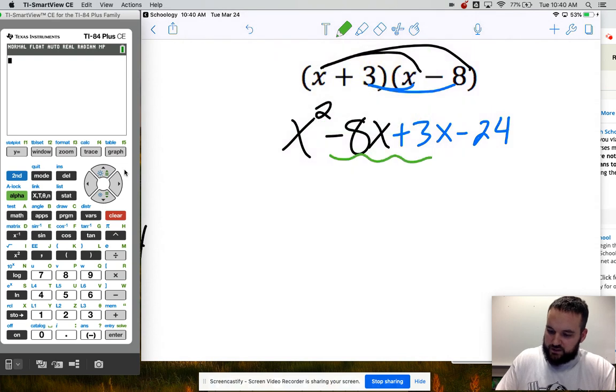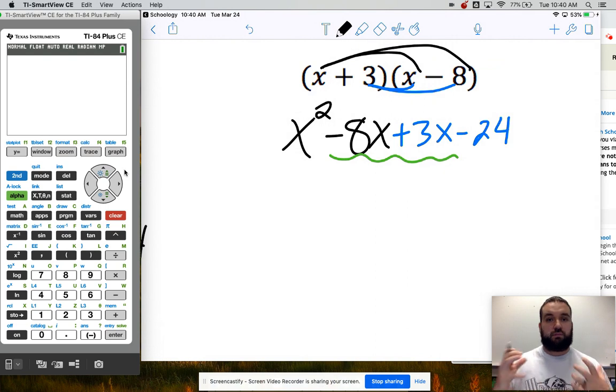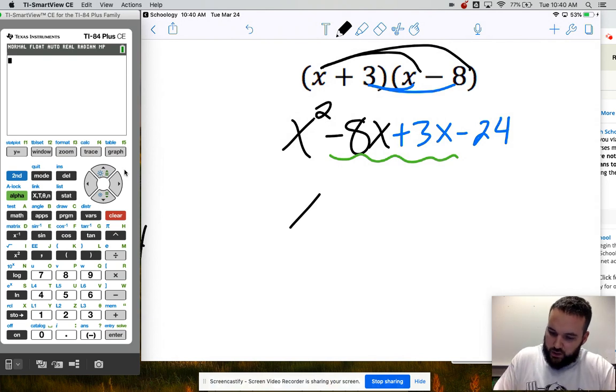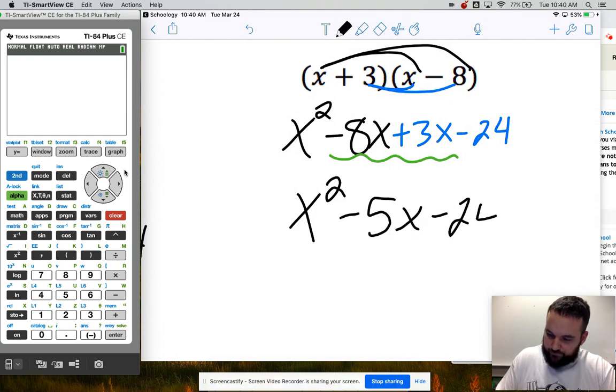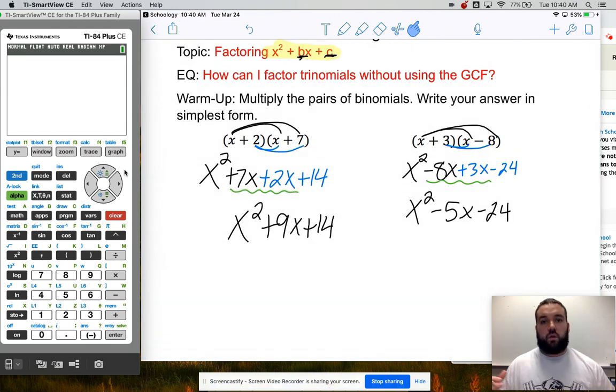Again, I can combine these middle terms because they both have just plain x. I can't combine 8x with x squared because the powers are different. Negative 8 plus 3 is negative 5, so minus 5x and minus 24. Okay, so that's how we distributed or multiplied binomials in the first half of the chapter.